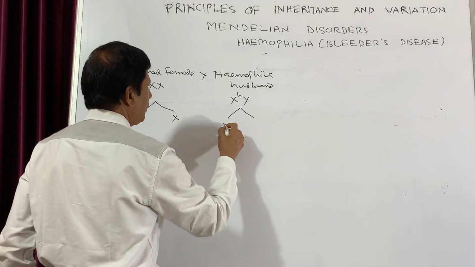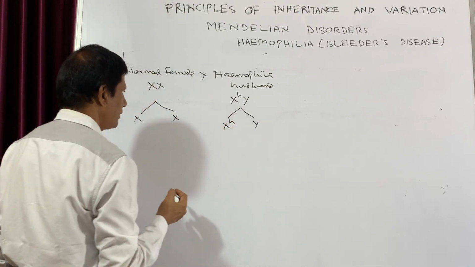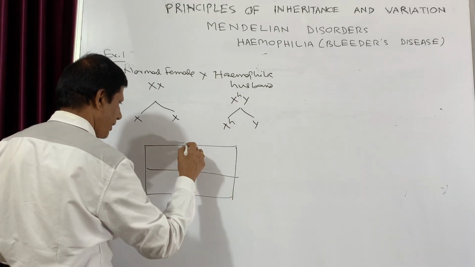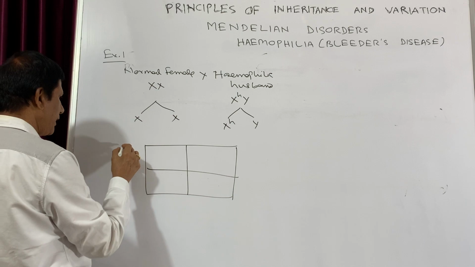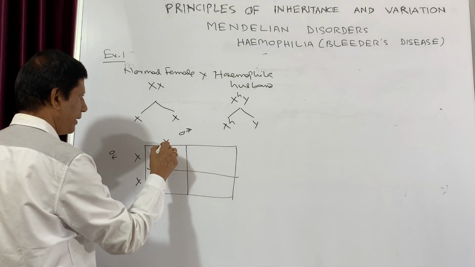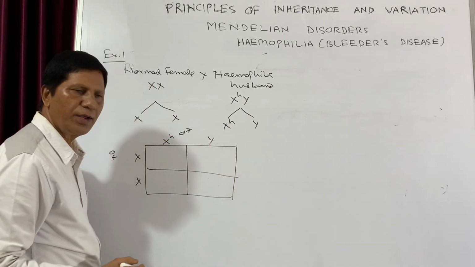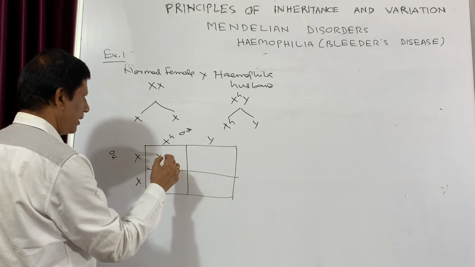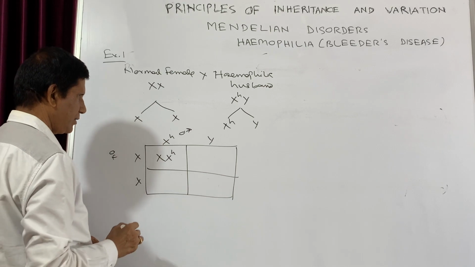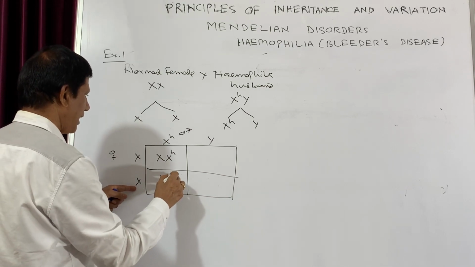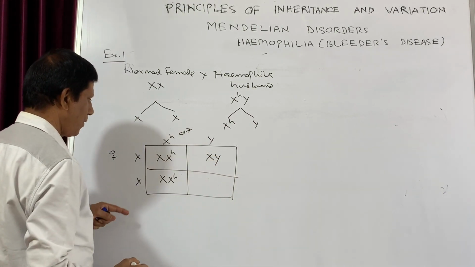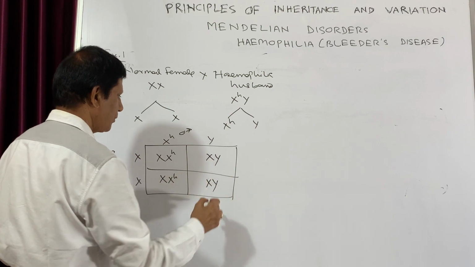If we draw the Punnett square, with the female on this side and the male on this side, it will be X and X^H, Y. This will be X X^H, this will be X X^H, while in this case it will be XY, and in this case XY.